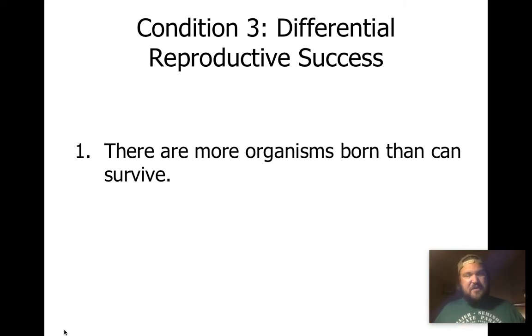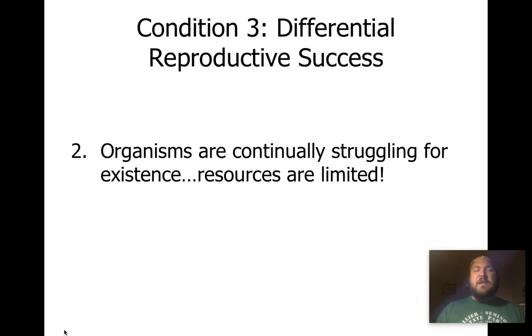I know it's sort of weird to think about organisms having a goal, but ultimately that's what organisms exist to do, is to pass on their genes to future generations. And because there are more organisms that are born than can survive, they can't all do that. There's simply not enough resources around for all organisms that are born to survive. We know that there is a struggle for existence.